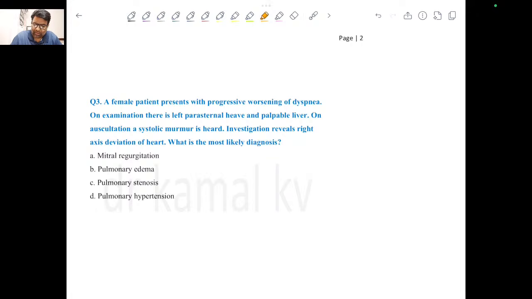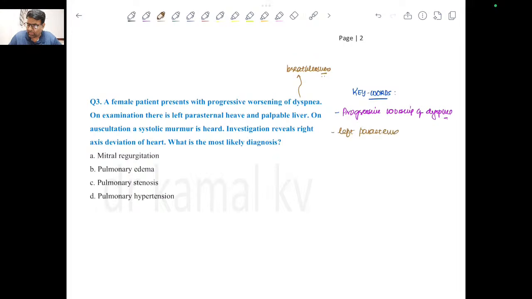So again, the first thing which we need to do is to write the keywords. Number one, there is progressive worsening of dyspnea, means breathlessness. So the breathlessness is increasing day by day. Then second is left parasternal heave.